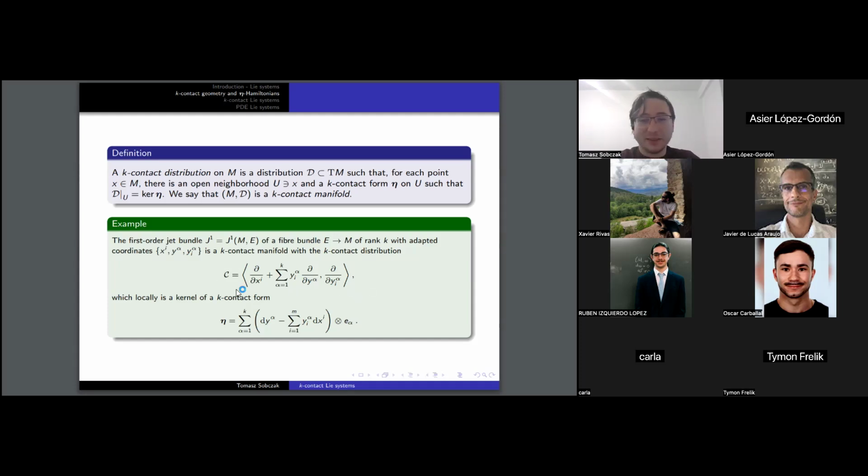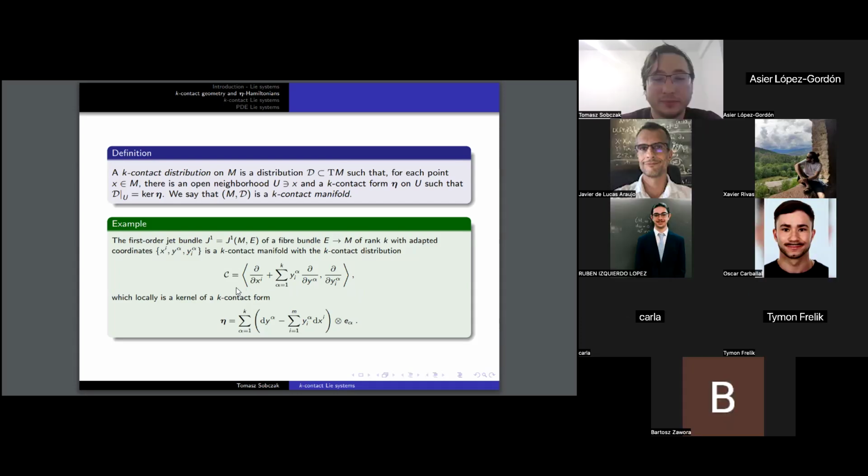Just one comment. This is a very good example of a k-contact distribution, but it's a special type of k-contact distribution that satisfies strong additional properties. So one shouldn't think that every k-contact distribution is of this type, okay?